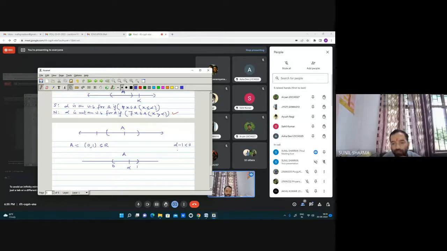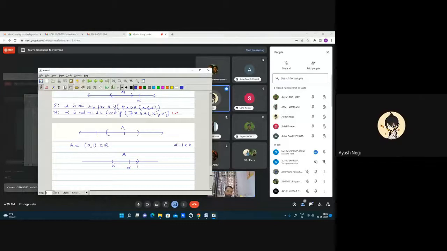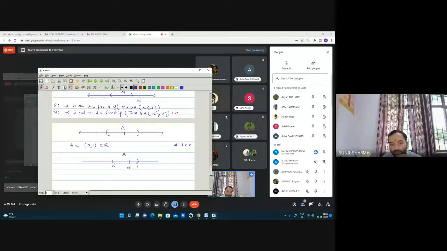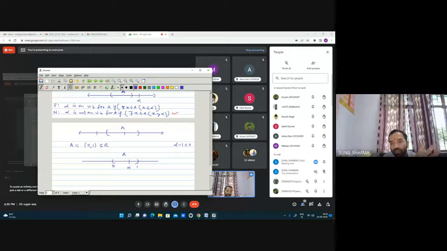Alpha should be less than 1. But tell me one number. Tell me at least one number which is a member of A and also greater than alpha. 0.1, sir. 0.1 may be here. I don't know what alpha is. If alpha is 0.9, then... but alpha may be any number, no? It lies between 0 and 1.